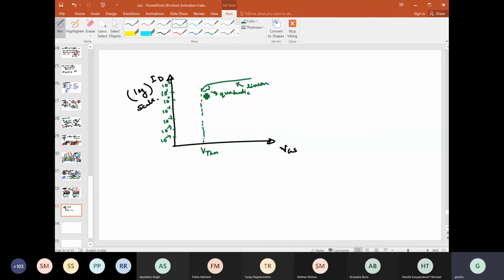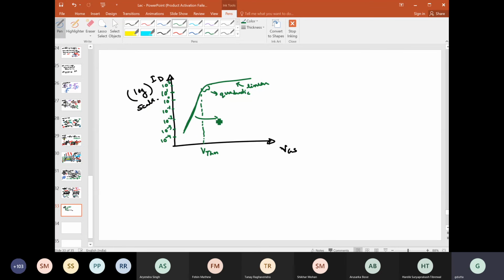But how will it fall? It will not fall abruptly, right? It will fall like this. So you can see that below this threshold voltage point, this current is falling linearly in log scale.